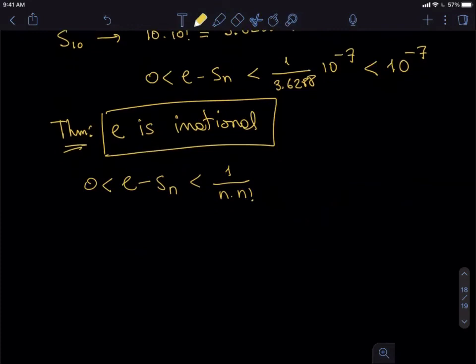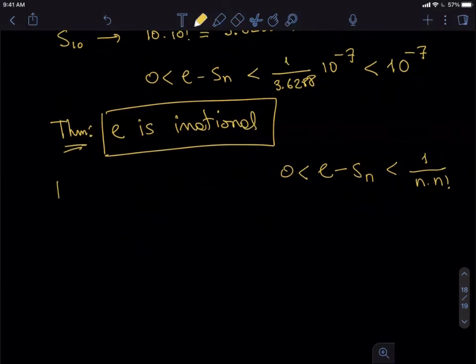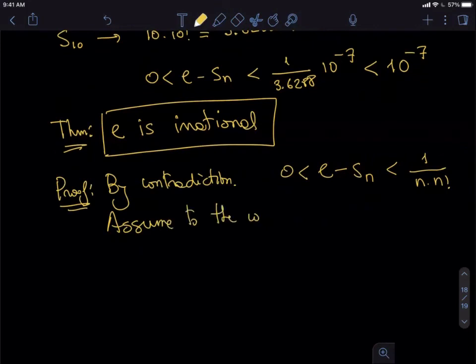So let's keep this on the side. Proof by contradiction. Assume to the contrary that e is a rational number.